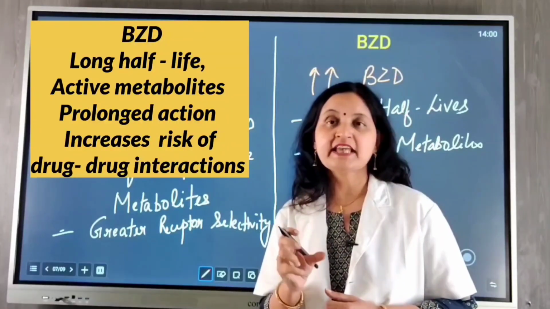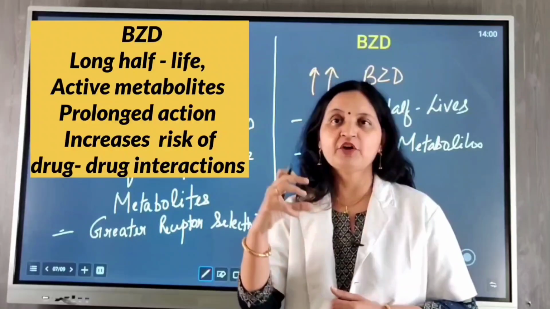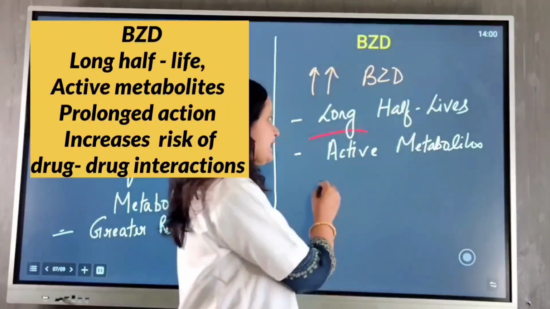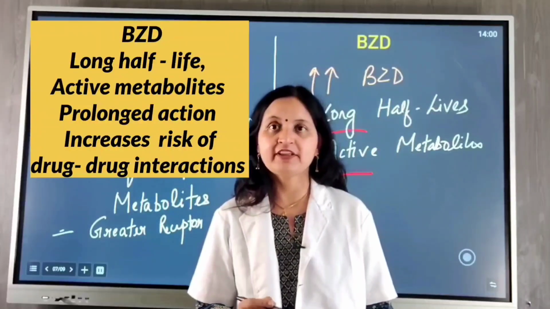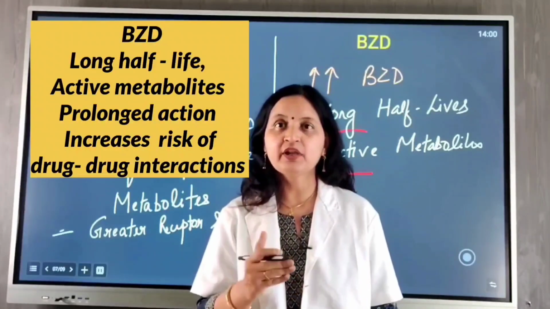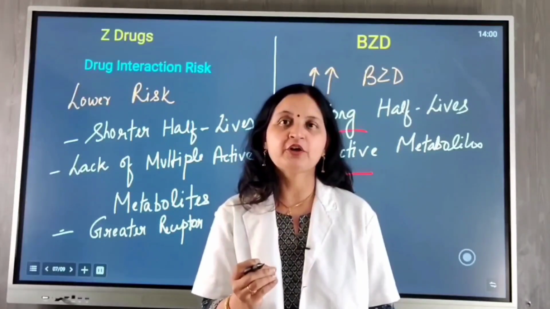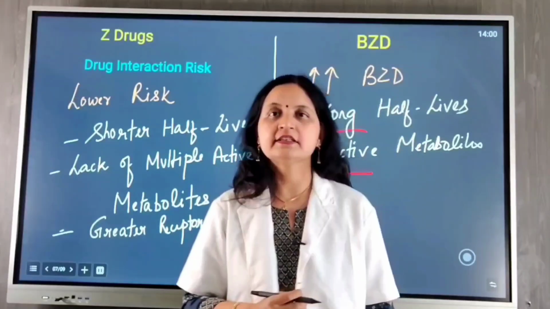Also, benzodiazepines have a long half-life, long duration of action. They stay in the body for a longer time, which increases the risk for interaction. And secondly, active metabolites are produced with benzodiazepines. For example, diazepam, flurazepam produce active metabolites. So they remain in the body for a long time, with greater effect on the body.